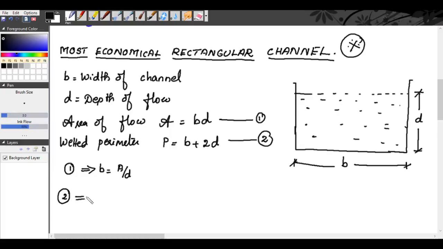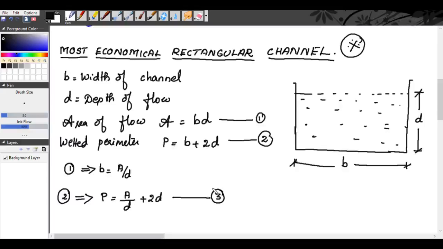So, equation number 2 implies P is equal to, B is replaced by A by D, so we get P equal to A by D plus 2D. We will take this as equation number 3.